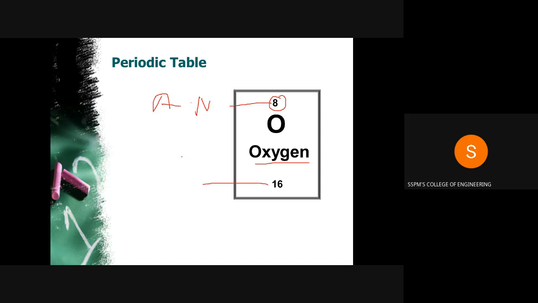Then you can see carbon, having atomic number 6 and atomic mass number 12. For nitrogen, the atomic number is 7 and the atomic mass number is 14. In this way you have to remember the atomic number and atomic mass number.